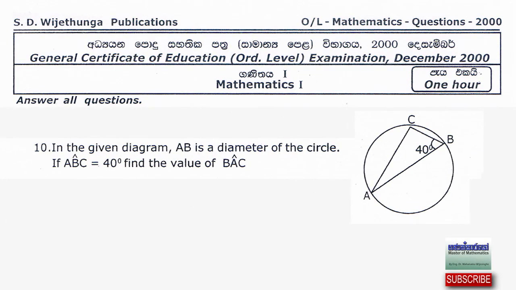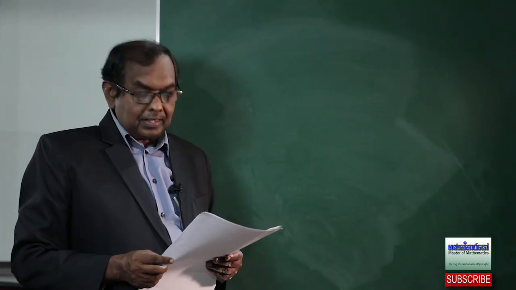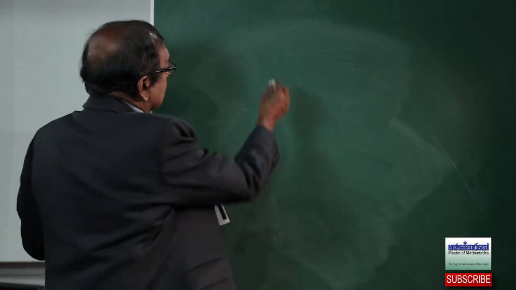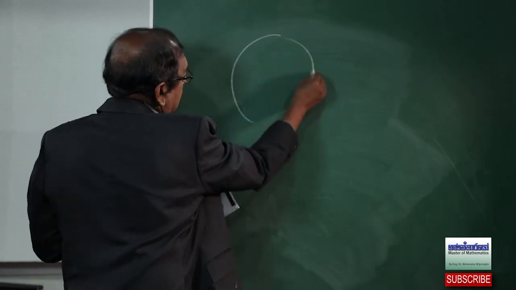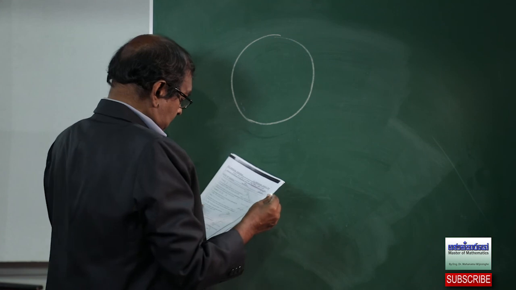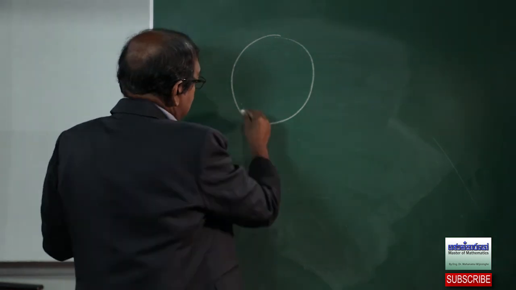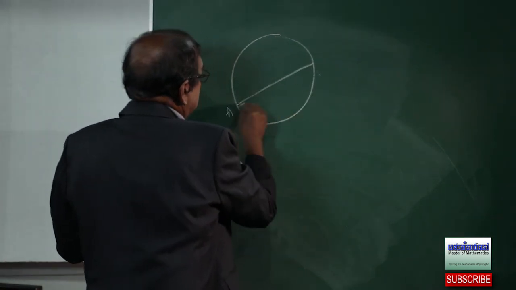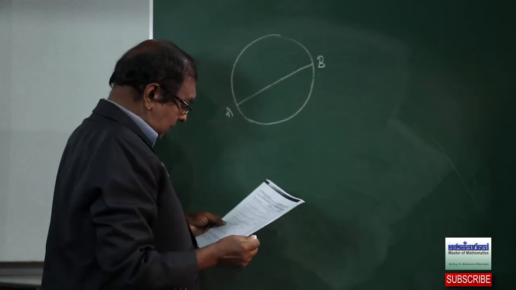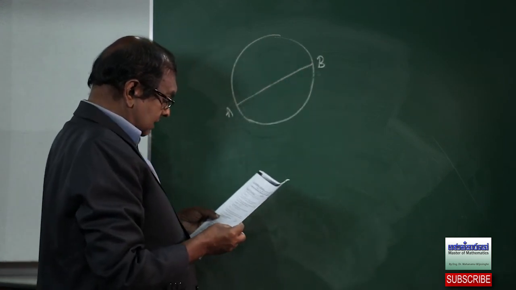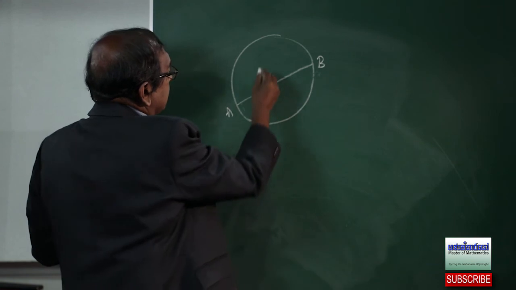This is a little bit different question. In the given diagram, AB is a diameter of the circle. If angle ABC is 40 degrees, find the value of BAC. This is a circle. AB is the diameter. Angle ABC is 40 degrees.